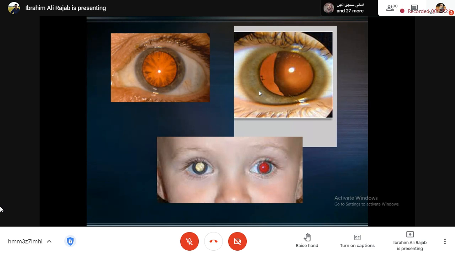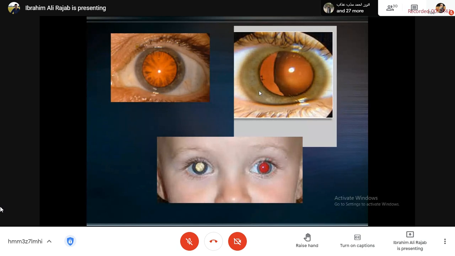So if you notice a child with an abnormal red reflex, I mean, if you notice a white reflex instead of red, this is leukocoria. You should keep in mind to exclude a major ophthalmic disease, which is congenital cataract and retinoblastoma.